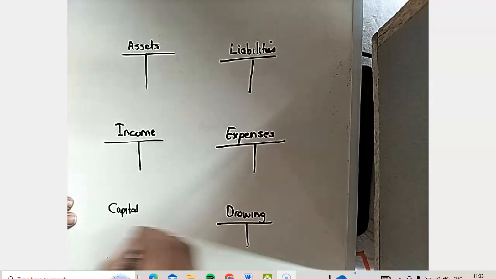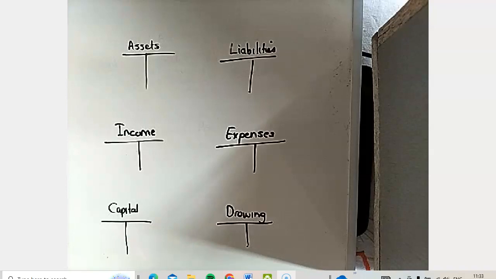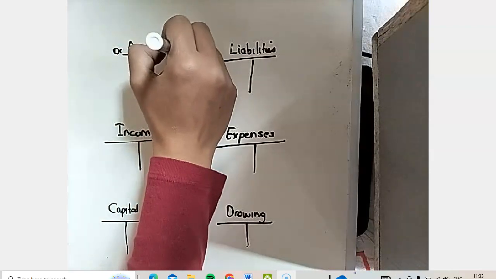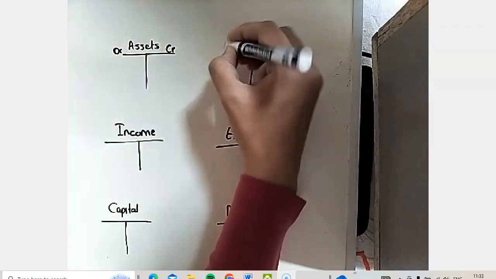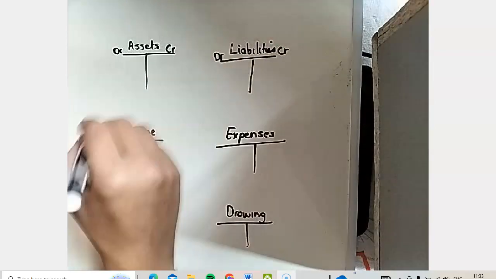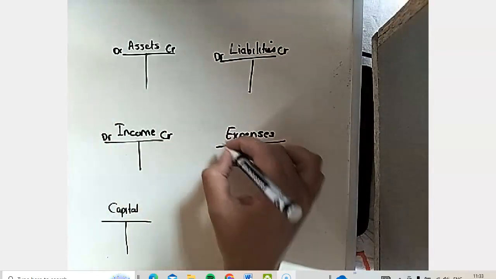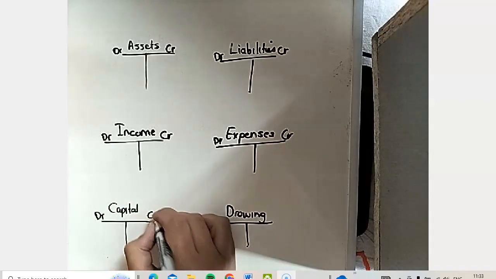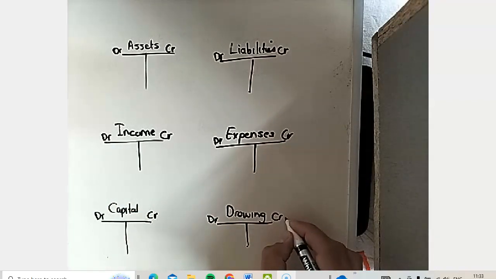The reason why I'm putting capital and drawings in is because it's direct owner's equity. On the left-hand side will always be the debit and credit on the right-hand side. So I'm just going to fill those in quickly. Debit, credit, debit, credit, debit, credit, debit, credit.